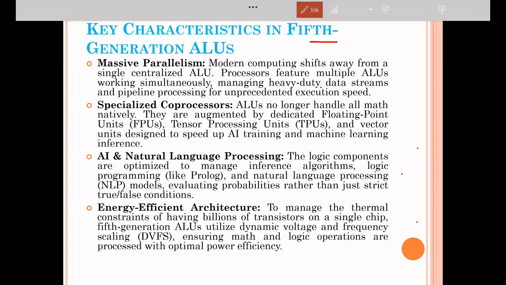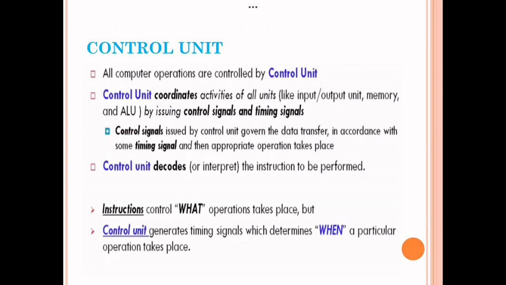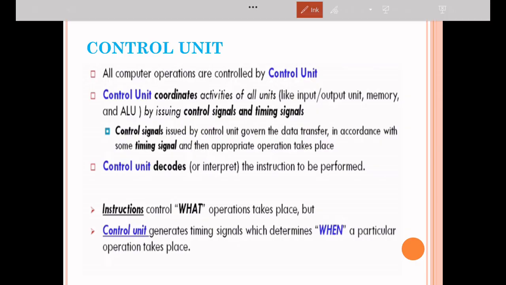This is very important. The fifth topic is very important. That is the control unit. Actually, what is the meaning of control unit? First, it controls all operations. You have to remember, it controls all operations. Second, it controls by control signals and timing signals.